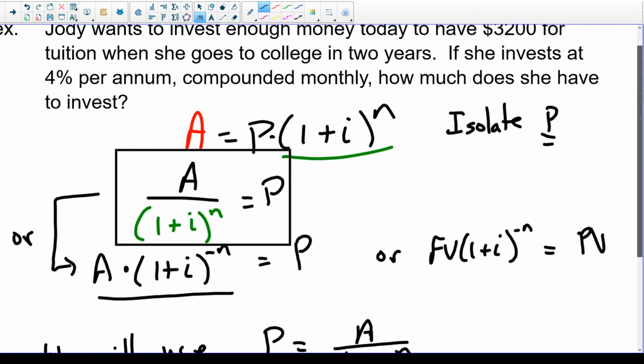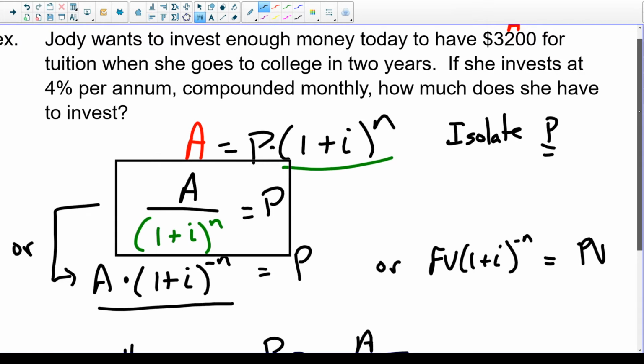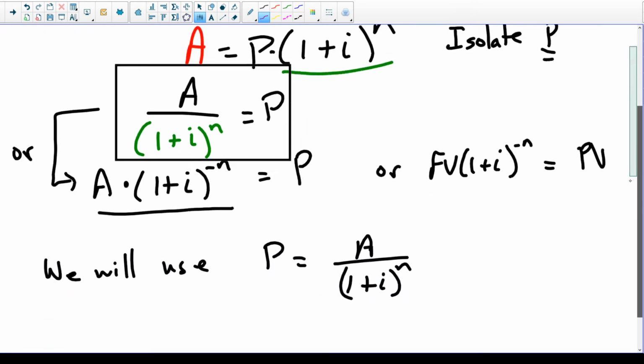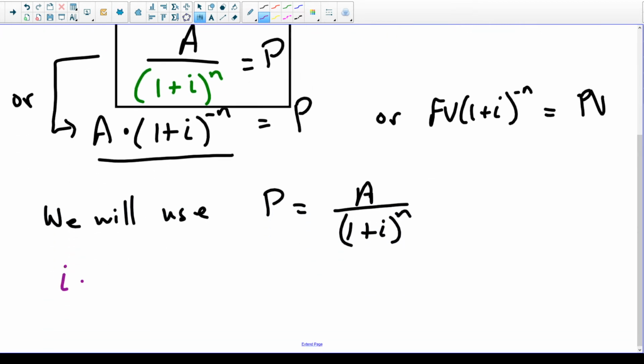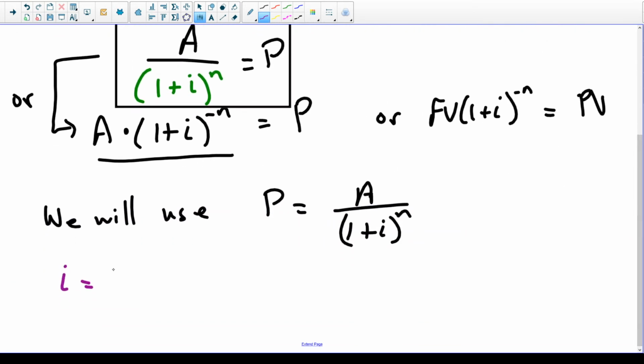So in our example, we still have to calculate our i and our n. The i is related to your interest per year. Per annum just means per year, compounded monthly. So as before, i is equal to 4% compounded monthly.